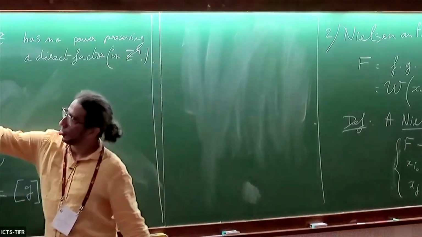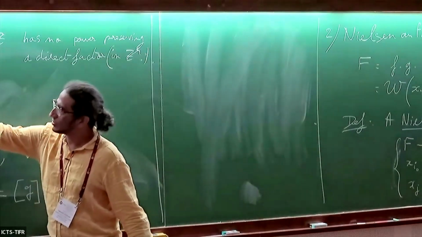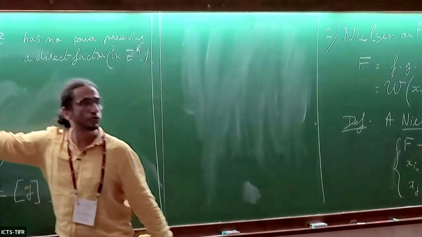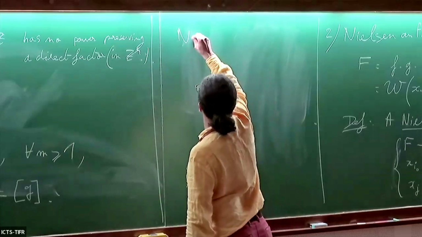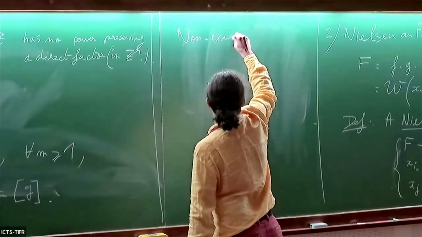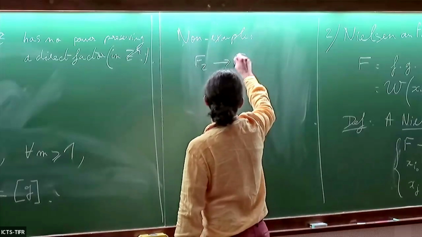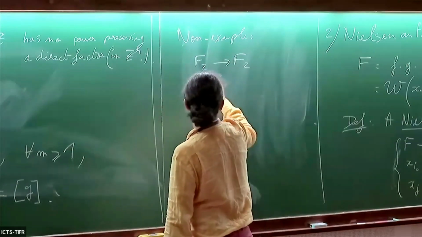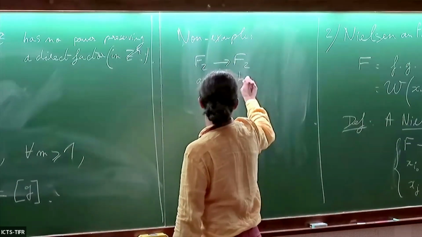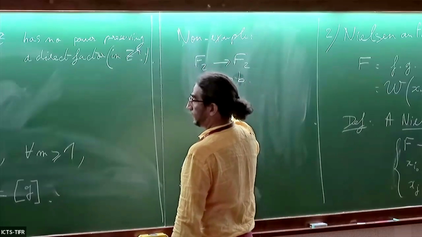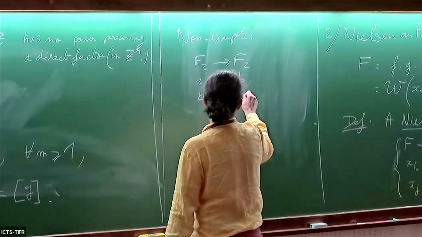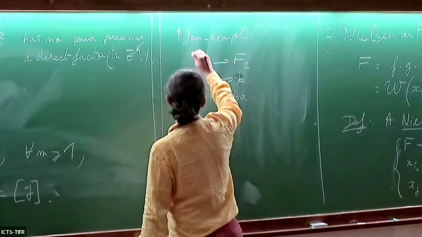The automorphism of F2 here is not atoroidal.